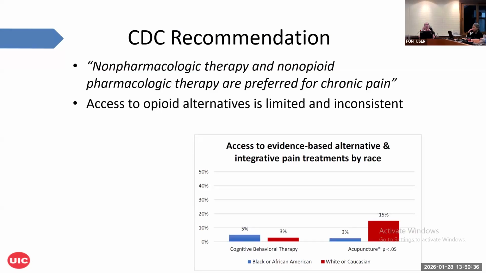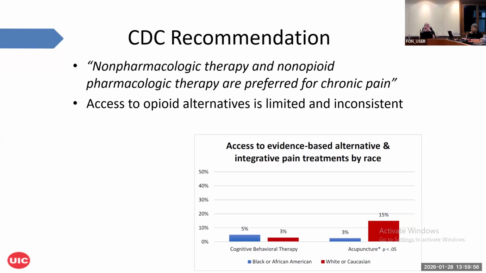And so the CDC came out with a recommendation about non-pharmacy. Okay, don't use those opioids. Okay, please do not use those opioids. So non-opioids are preferred for chronic pain.